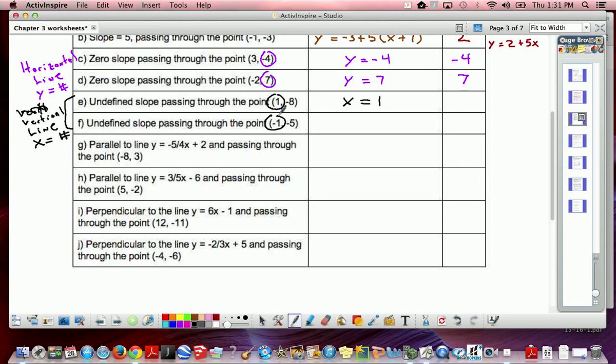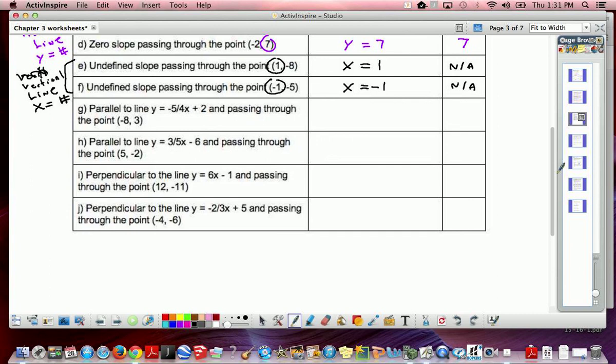Or in this one, x equals -1. Now, since it's a vertical line, it does not have a y-intercept. It doesn't cross the y-axis. If it equaled 0, it would actually be the y-axis, but it doesn't actually cross it. So those are not applicable or not possible.